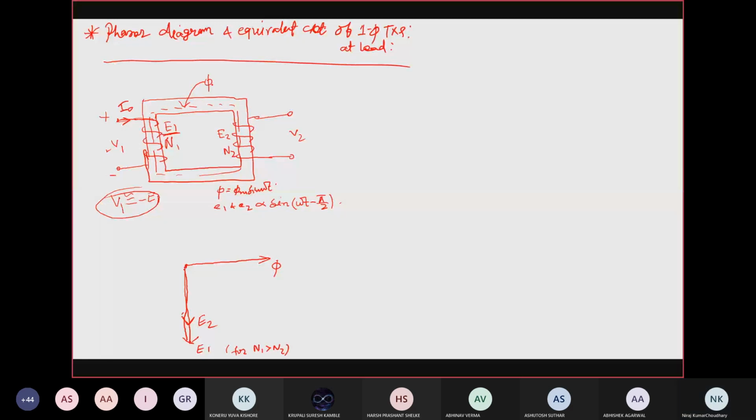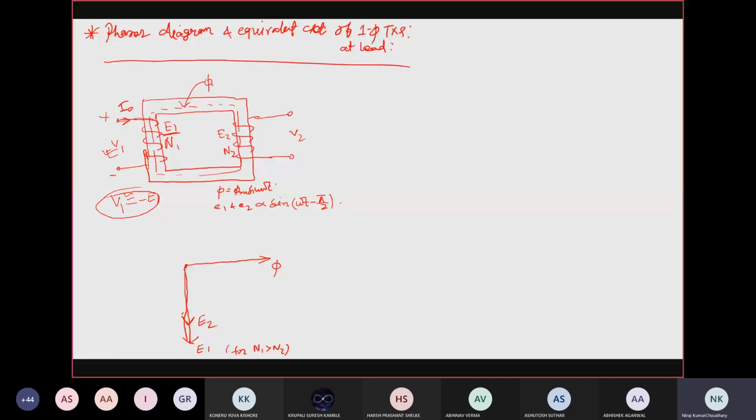ठीक है. Now tell me, what will be the direction of the source voltage or the applied voltage V1? V1 किधर होगा?